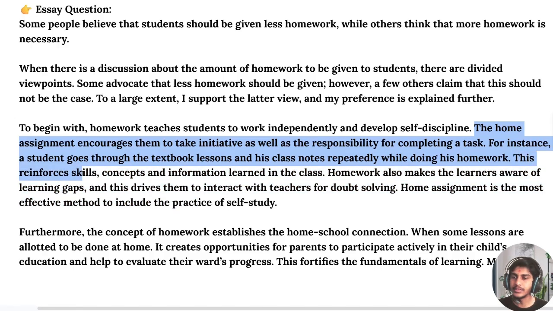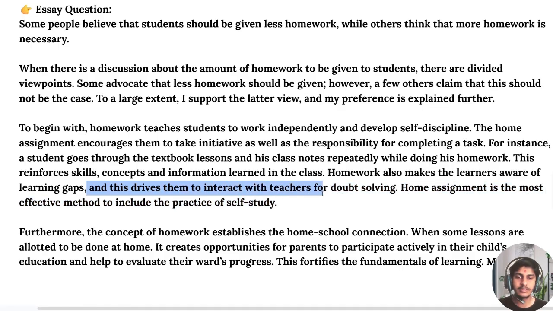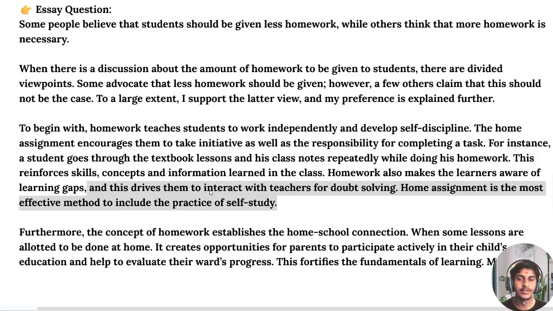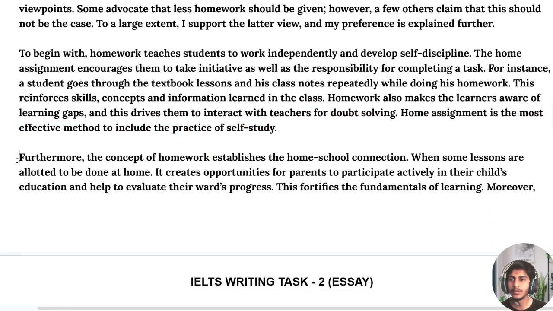This reinforces the concepts and information learned in the class. Homework also makes the learners aware of learning gaps, and this drives them to interact with teachers for doubt solving. Home assignment is the most effective method to include the practice of self-study. Now our body paragraph 1 is over, and then we move to body paragraph 2.